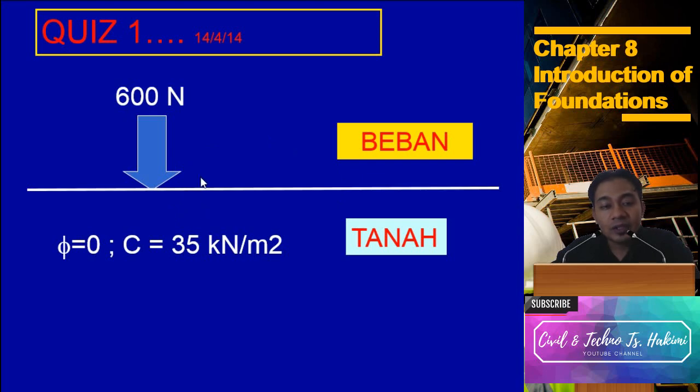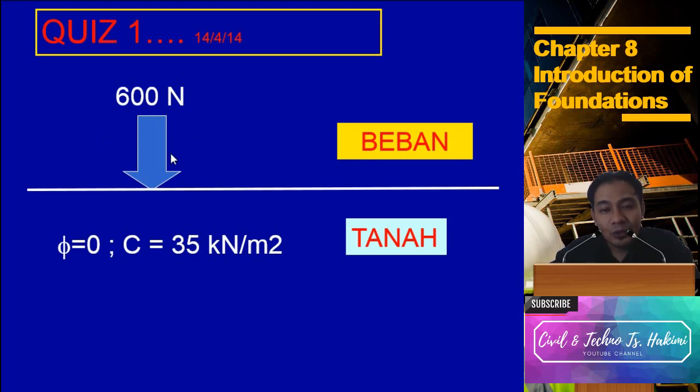The question is, can that soil support 600 newtons of load or not? This is very easy. The unit here is Newton, and this unit is kilonewton, which is bigger than Newton.